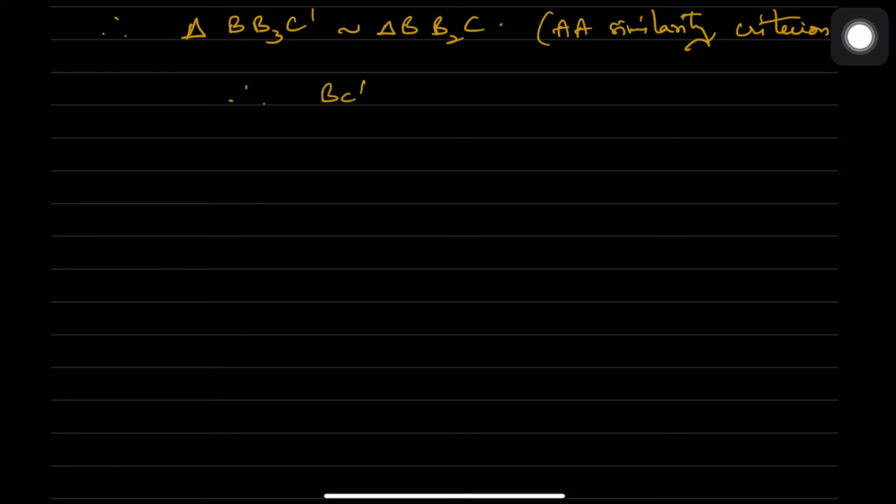Therefore BC dash by BC is equal to BB3 by BB2 by basic proportionality theorem.